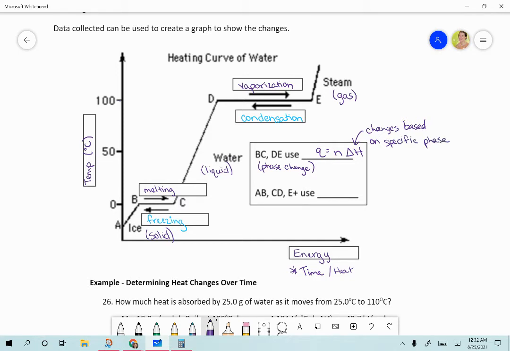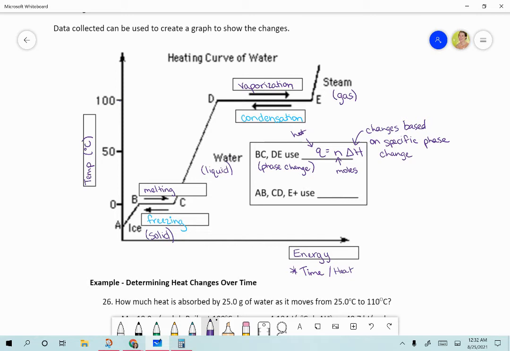So am I melting? Am I condensing? What am I doing? Q, as always, stands for heat. And N, remember we talked about N stands for moles.